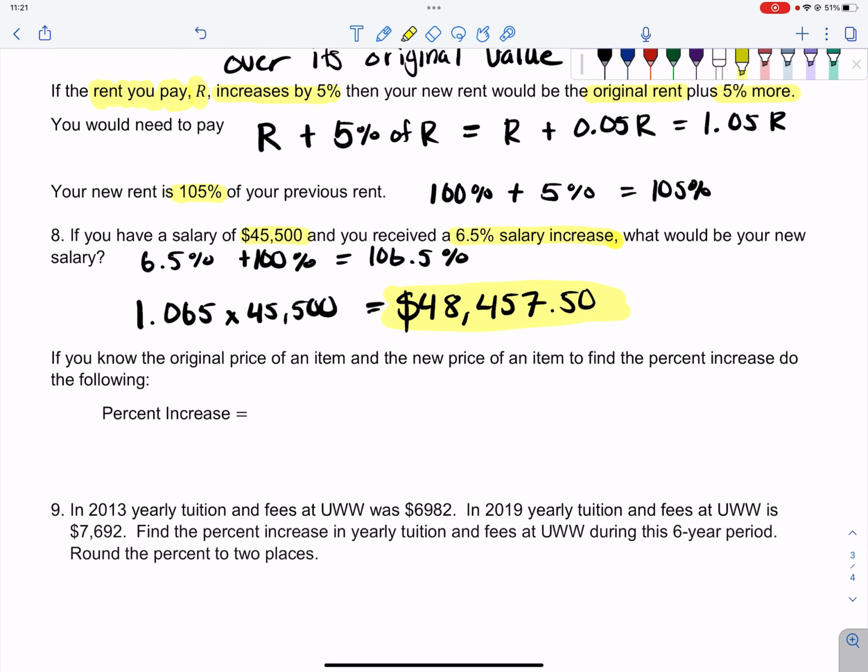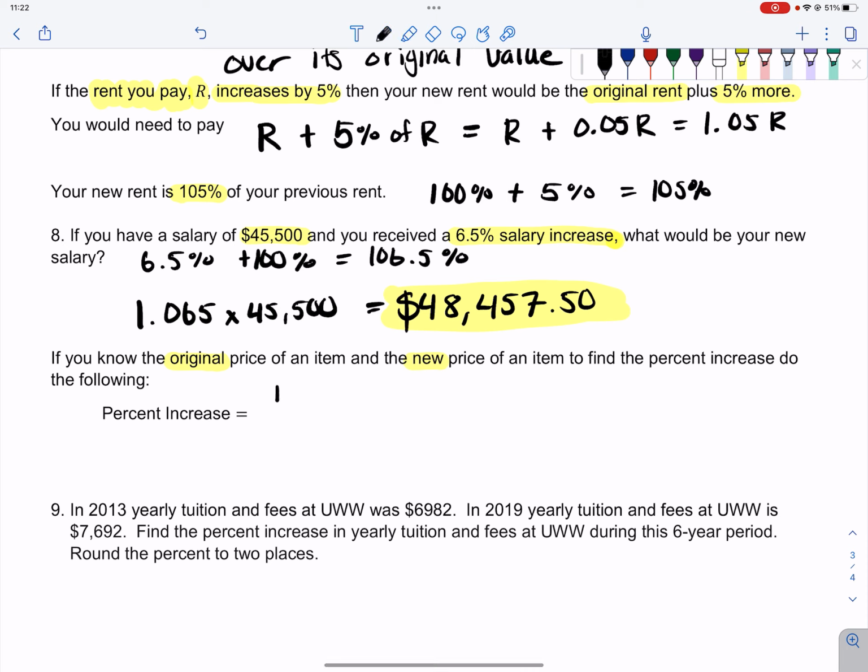So next, a lot of our problems ask us to calculate the percent change, percent increase, percent decrease of an item. And we can do this if we know the original value and the new value of something. And the percent increase equation is not too terrible to memorize.